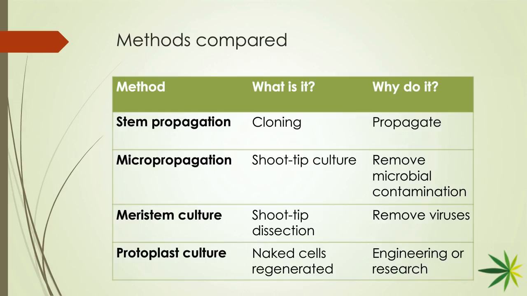So for micropropagation, you also would use that for large-scale propagation if you're in the wholesale nursery business, for instance. Meristem culture is essentially you're getting even finer. You might need a microscope or a dissecting scope, but you're still chopping things up mechanically or physically. This method is very well known in the commercial orchid industry as one of the ways they first figured out how to get viruses out of the orchids.